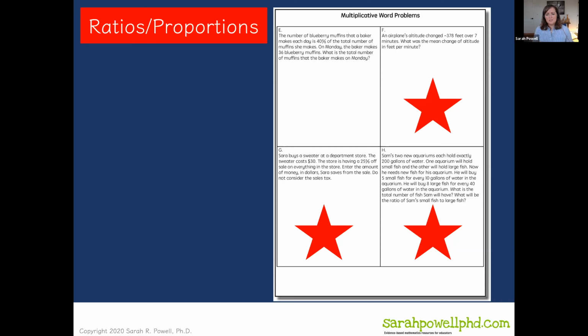Now, we're not going to solve problem H because I have some other multi-step problems that I want us to solve. But you can see here we've now got these two aquariums. And so first we have to focus on one of the aquariums for the small fish, and then we have to figure out for the larger fish. And so here we're comparing, 5 is to 10 as what is to 200 to figure out the number of small fish that would be in that aquarium.